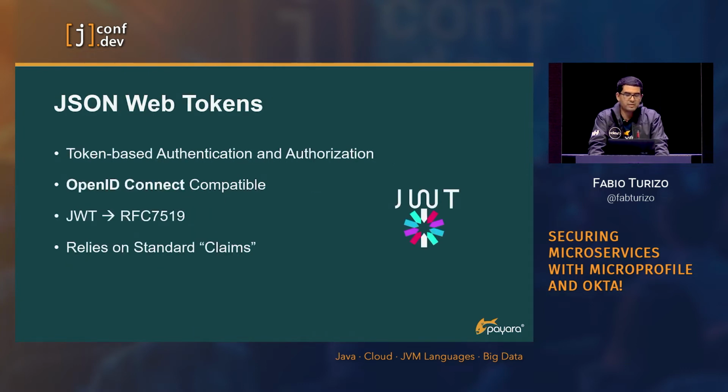And JSON Web Tokens are nothing new. You probably have heard about that before. A JSON Web Token is just a simple payload in JSON that contains three parts. Let's say an algorithm configuration, a cryptographic signature of the payload itself, and a body that contains the token, let's say, access information.